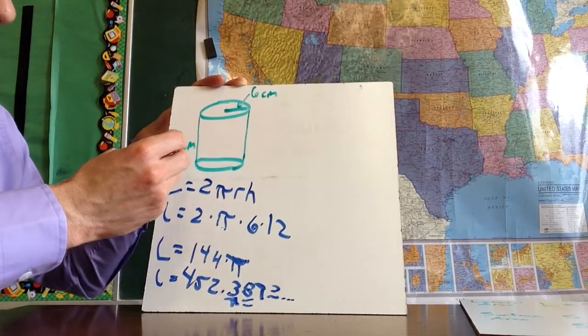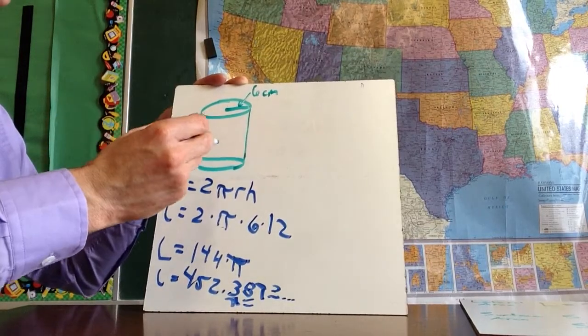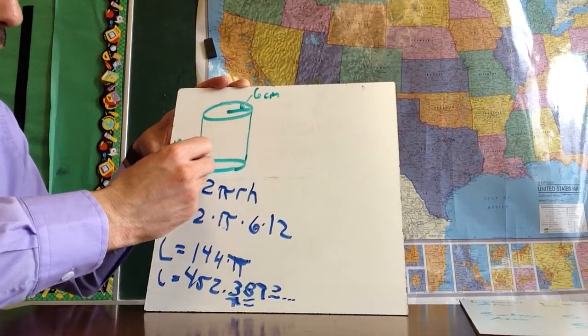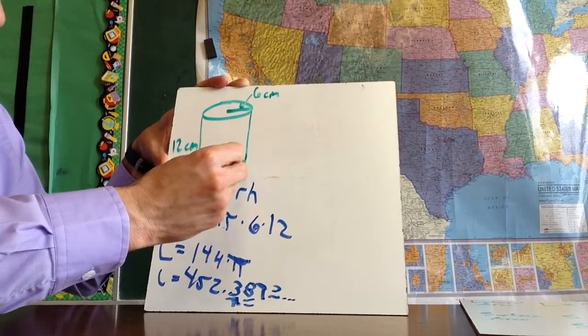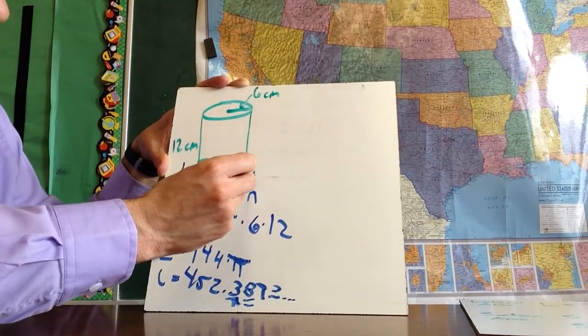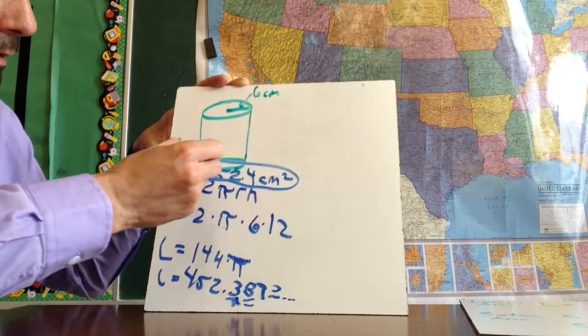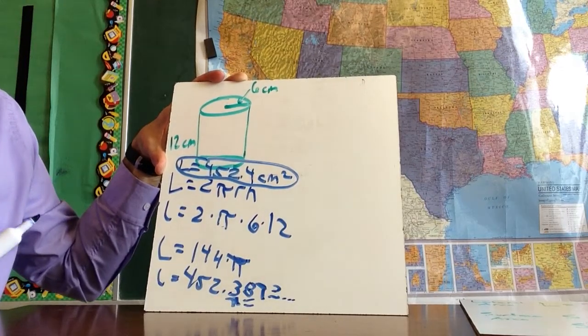So my lateral area, where do I want to write this? Let's put it here. Lateral area equals 452.4 centimeters squared. So that would be my lateral area.